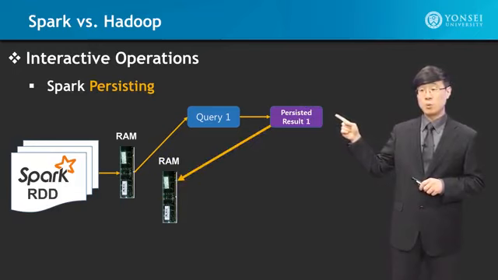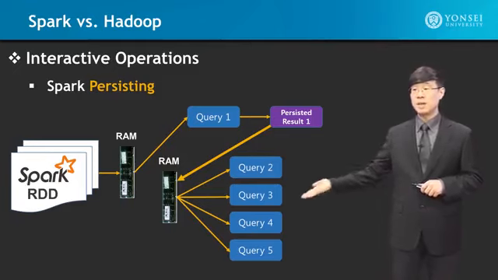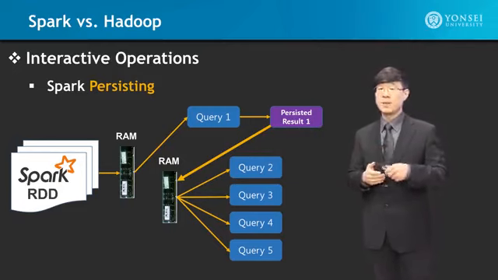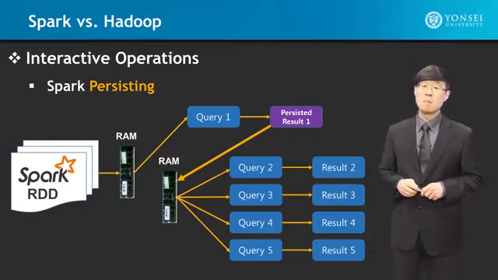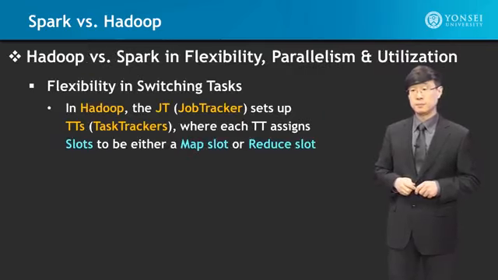I will send it back to RAM, and then use it to satisfy these queries. Therefore, these queries do not need to repeat query 1, which was a part of them and needed to be processed. And then I can obtain these results much quicker. This is what we mean by using Spark persisting.